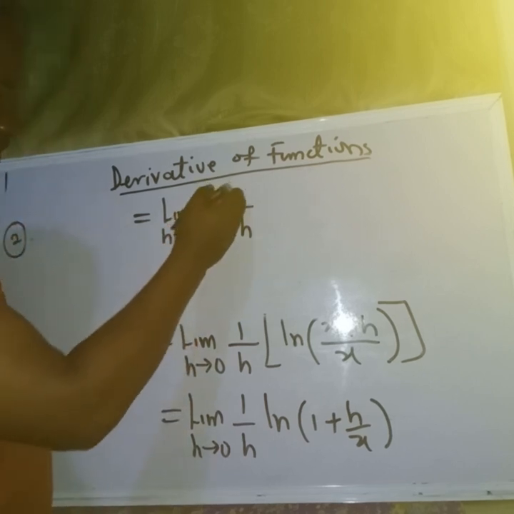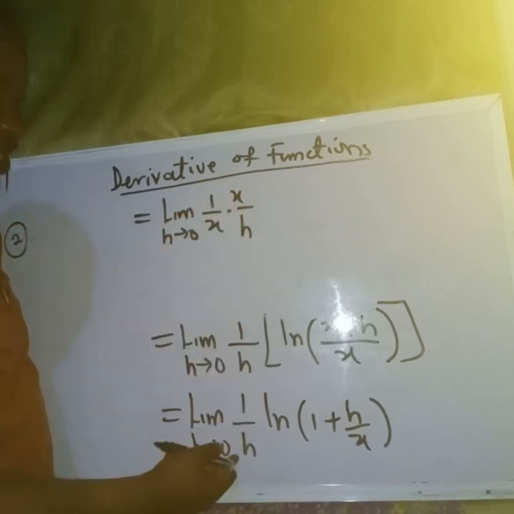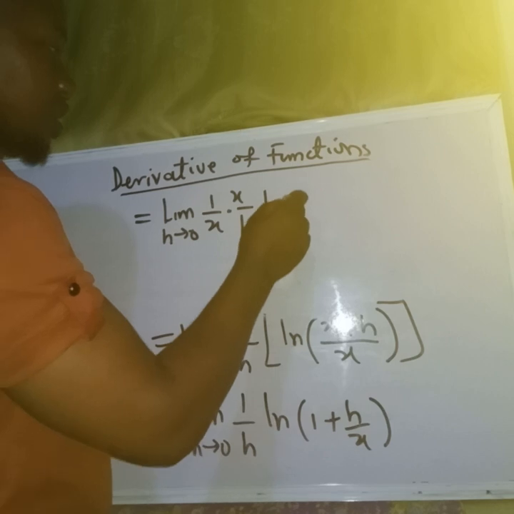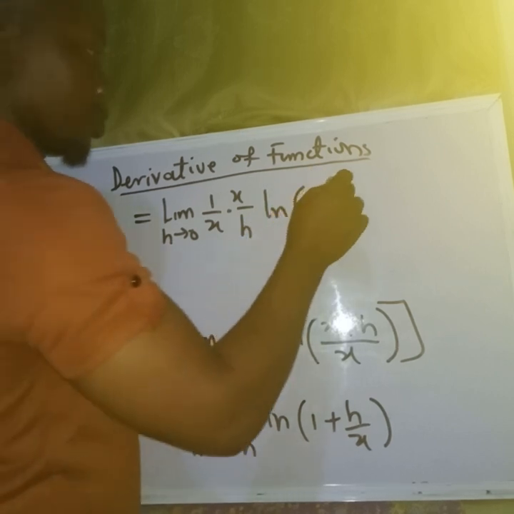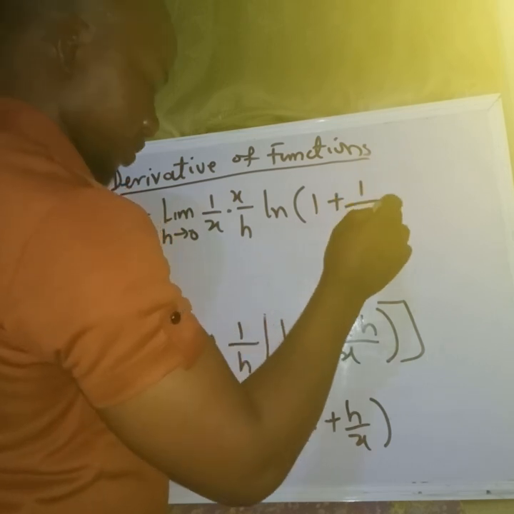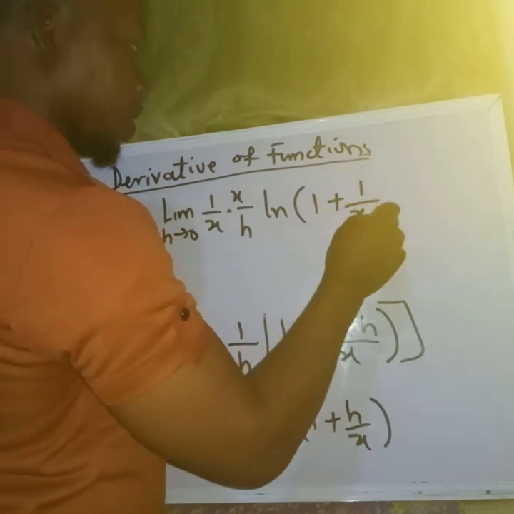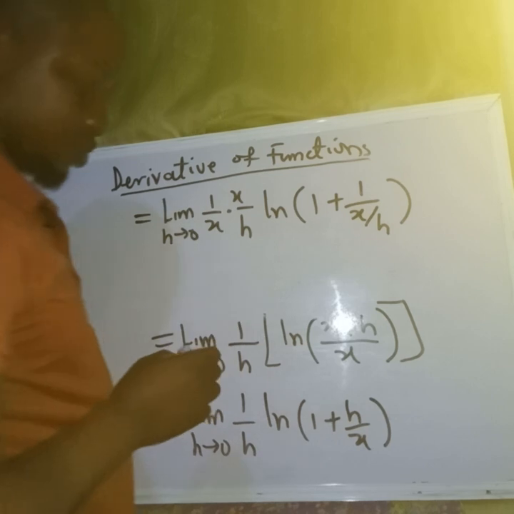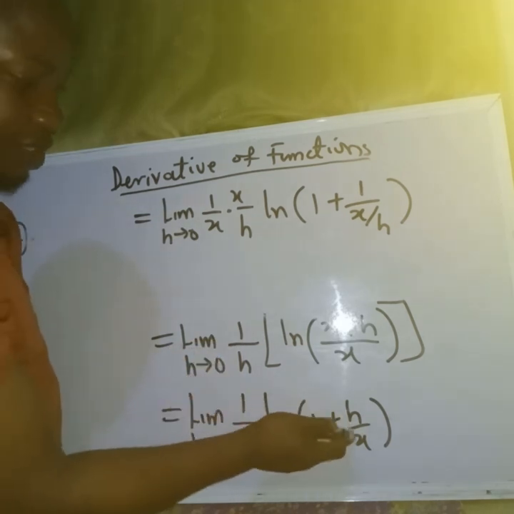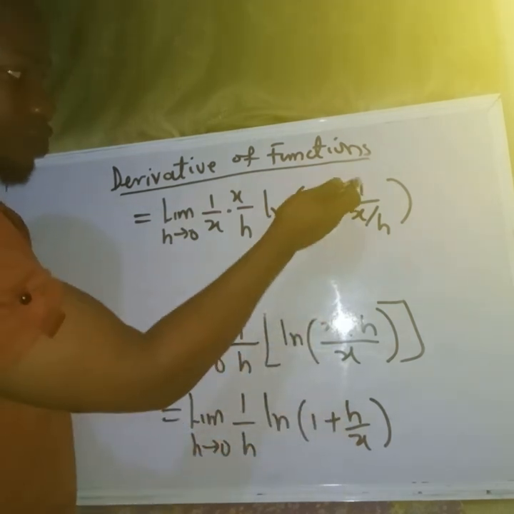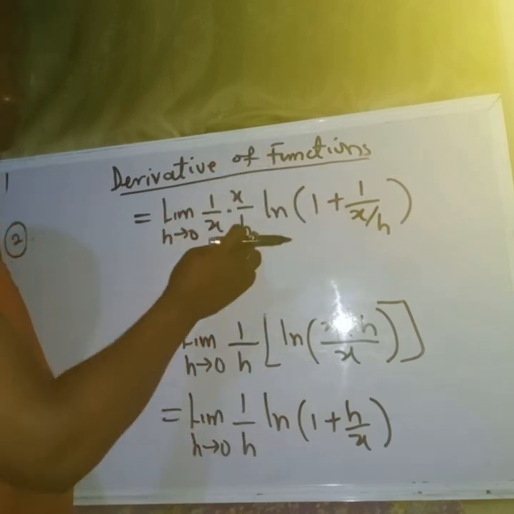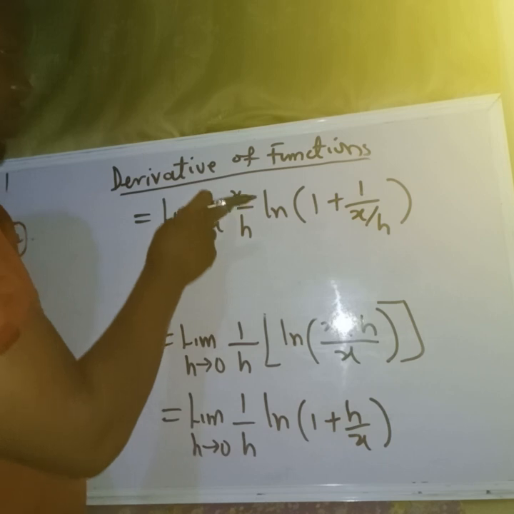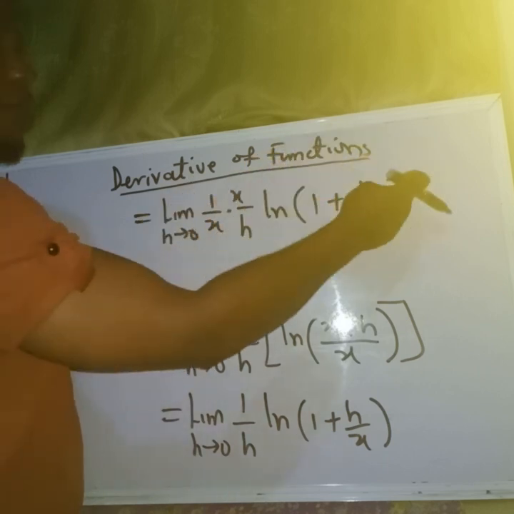The x cancels, so we retain 1 over h. Then this is the ln of 1 plus 1 over x over h. You see that if we reciprocate this, bringing x up, this becomes 1 over x over h. By the law of logarithm, the term x over h can come to the power here.